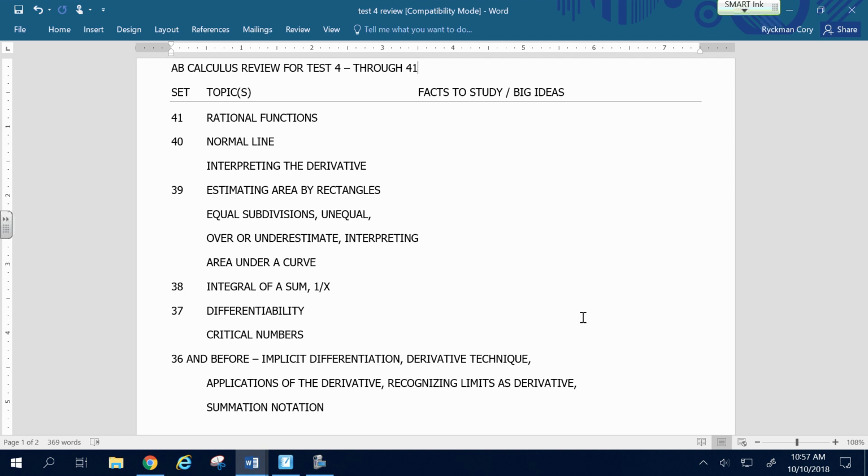Yes, which one? So that's a good question. The first thing you should look for is if there's a hole.